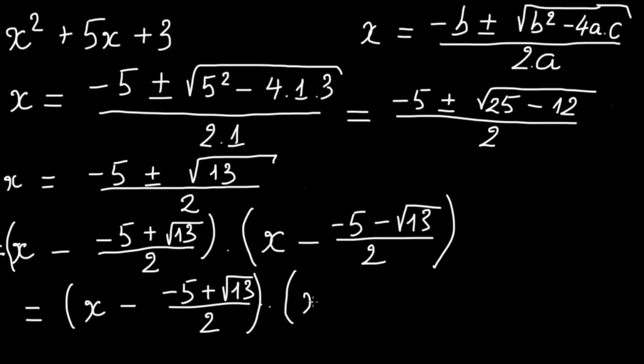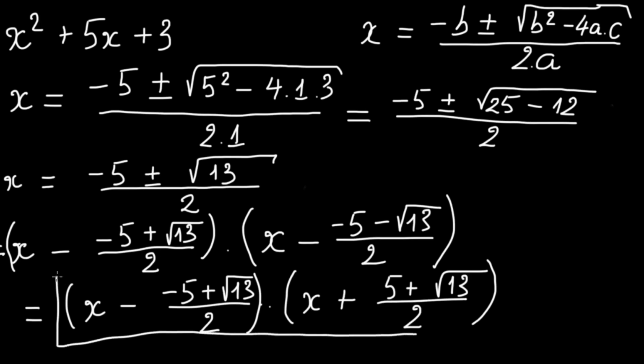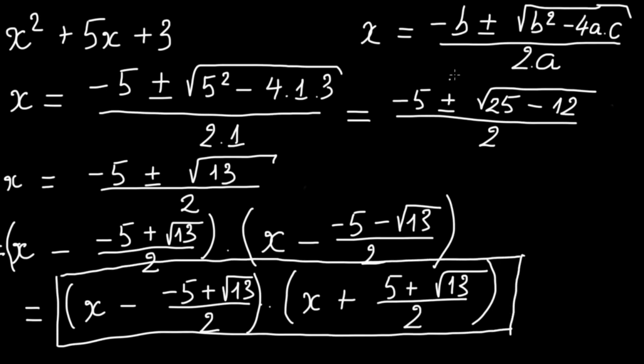You can put it as x plus 5 plus the square root of 13, all divided by 2. And this is the final answer, right? Because when you use the formula, you can always try to write out two solutions, and then you can write out the factors of the given trinomials, right?